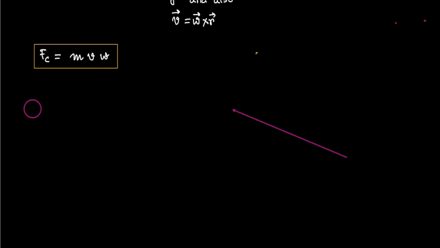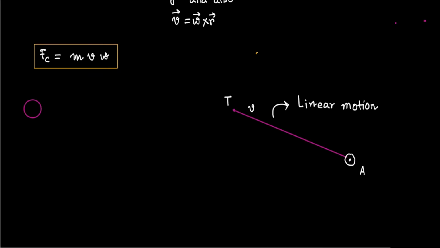Now, a body of mass m at the point A, and the body has a tendency to move along the tangent AT with the linear velocity v.